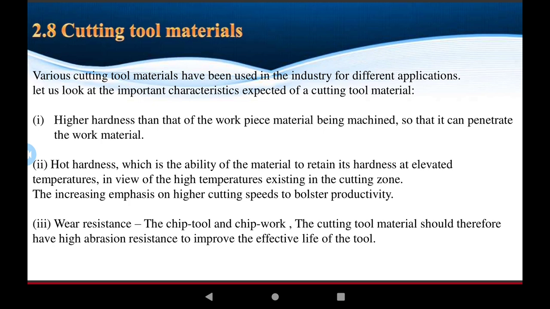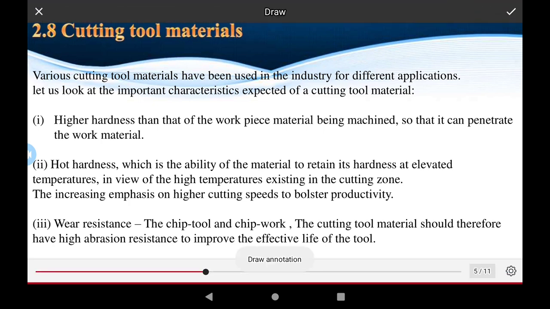so that it can be a percentage of the work material hardness, which is relative to the hot hardness, the ability of the material to stand hardness at elevated temperature, in view of the higher temperature existing in the cutting zone.